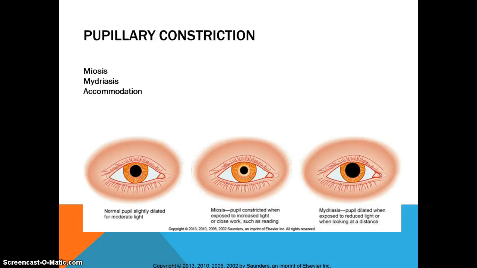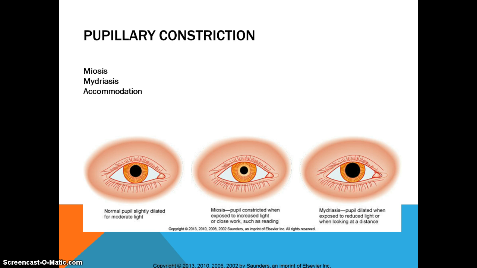So in our next slide, we're now looking at pupillary constriction. Pupillary constriction and dilation control the amount of light that enters the eye. If the level of light to one or both eyes is increased, both pupils constrict. They become smaller. The amount of constriction depends on how much light is available and how well the retina can adapt to light changes.